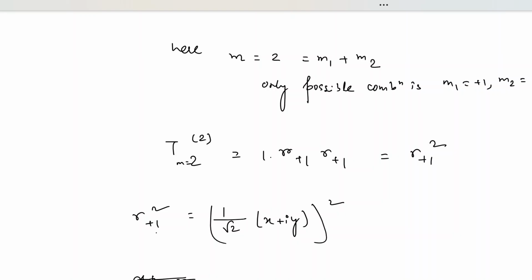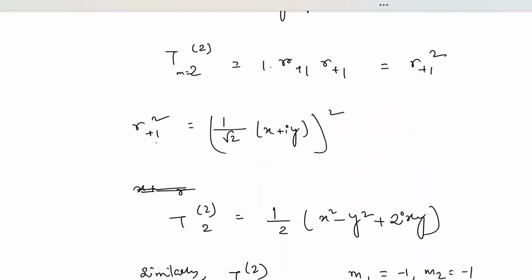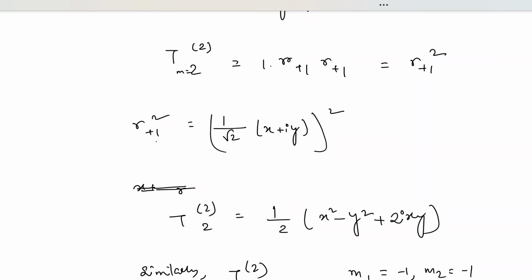Similarly for T2 with m equal to -2, your combinations are m1 equal to -1 and m2 equal to -1. So this will be R minus 1 whole square, which will be 1 by root 2 (x minus iy) whole square, which is half (x squared minus y squared minus 2ixy).